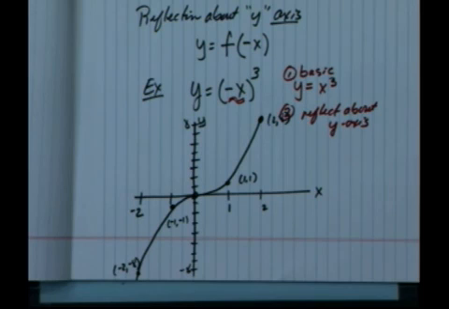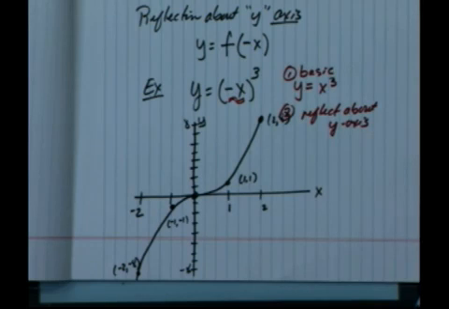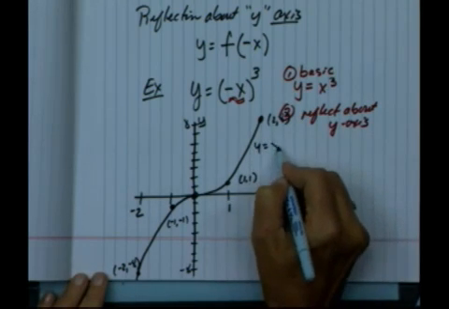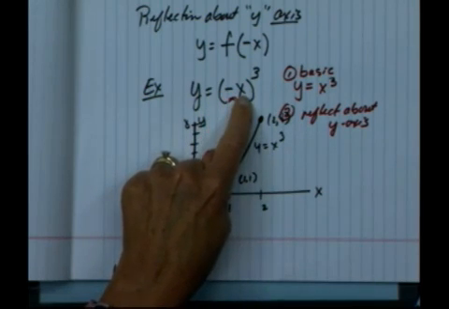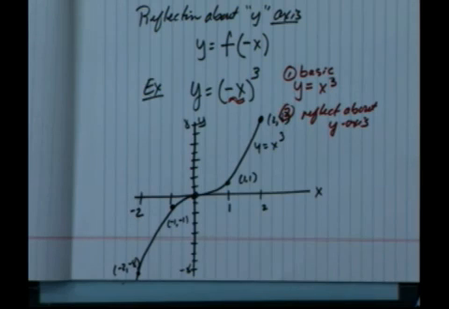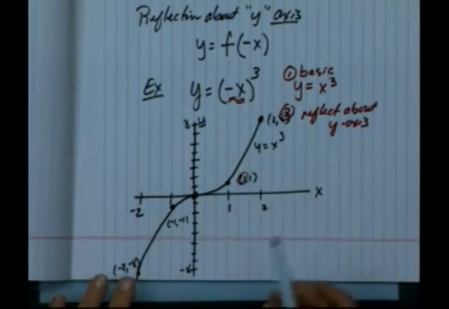Okay? All right, so if we have a reflection about the y, this is y equals x cubed. To go to minus x cubed, it just means that we're switching to the opposite sign the x values, but leave the y alone. Okay, so this x value is 1, but we're going to switch to the opposite of that.